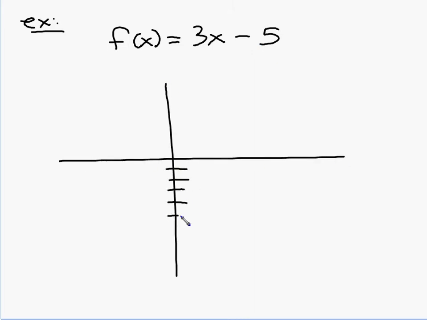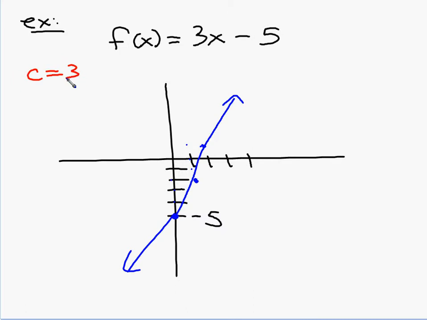A straight line through negative 5. It goes up 3 over 1, up 1, 2, 3 over 1. Now, if I were to look at this function, let's pick a value. Let's say that C was 3.